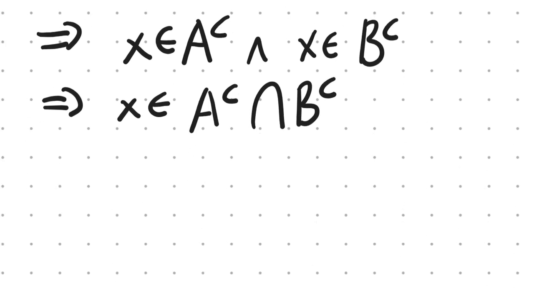So we have now proven that (A union B) complement is a subset of A complement and B complement.